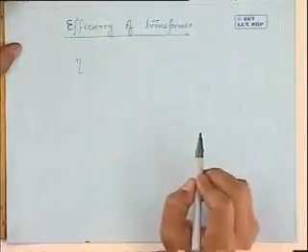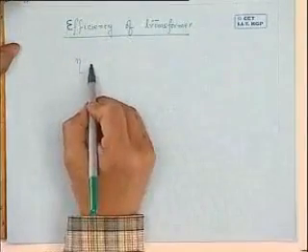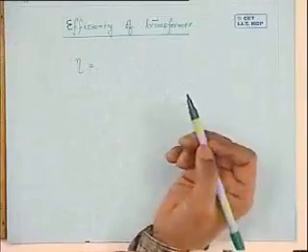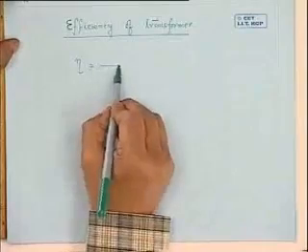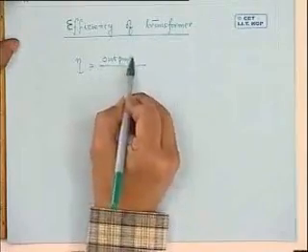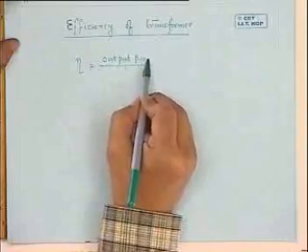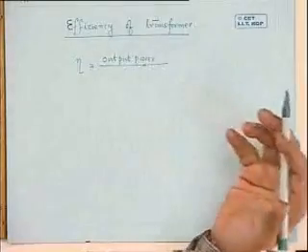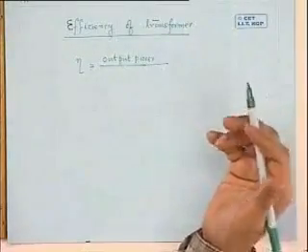Efficiency of any machine will be generally denoted by this letter eta, Greek letter, which, as you know, generally speaking, will be output by input, they call it. So we will call it output power in watt or kilowatt. No question of kVA.